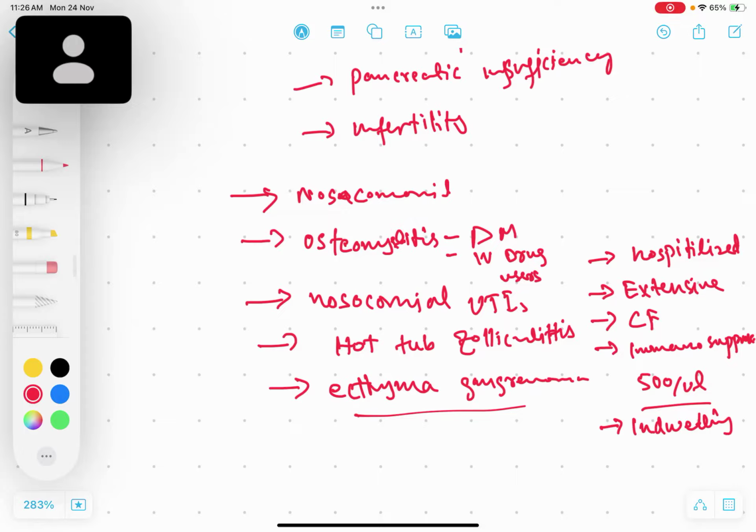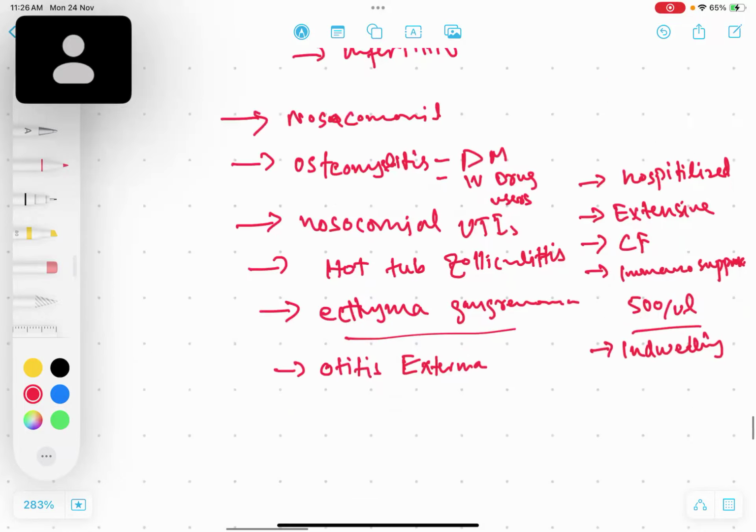So these are these black necrotic lesions. Okay. Another important manifestation is otitis externa or swimmer's ear, which can also lead to malignant otitis. You will have this granulation tissue. Okay. All right.